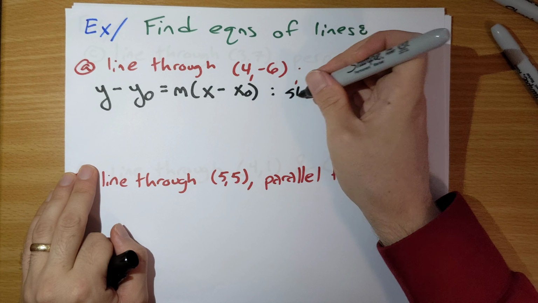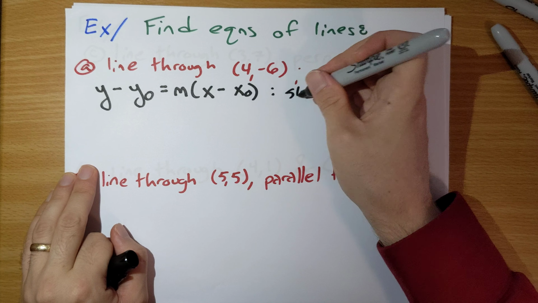That would be y minus y naught, negative, so minus -6 is plus 6, is equal to m, 3, times x minus x naught. So y plus 6 is equal to 3 times x minus 4.